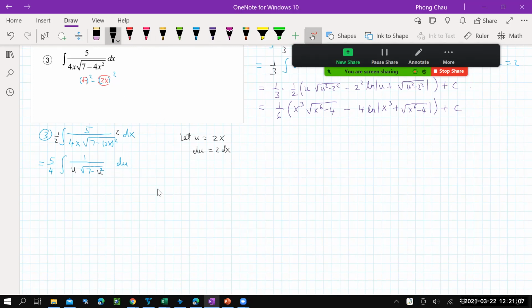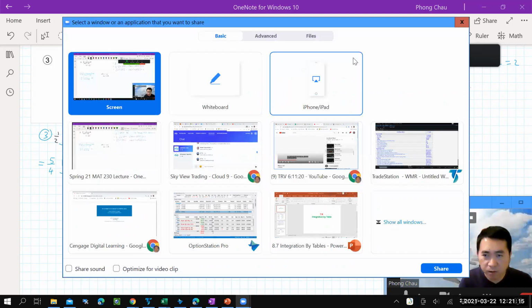You see, without even looking at the formula, I actually can see, let me see here.